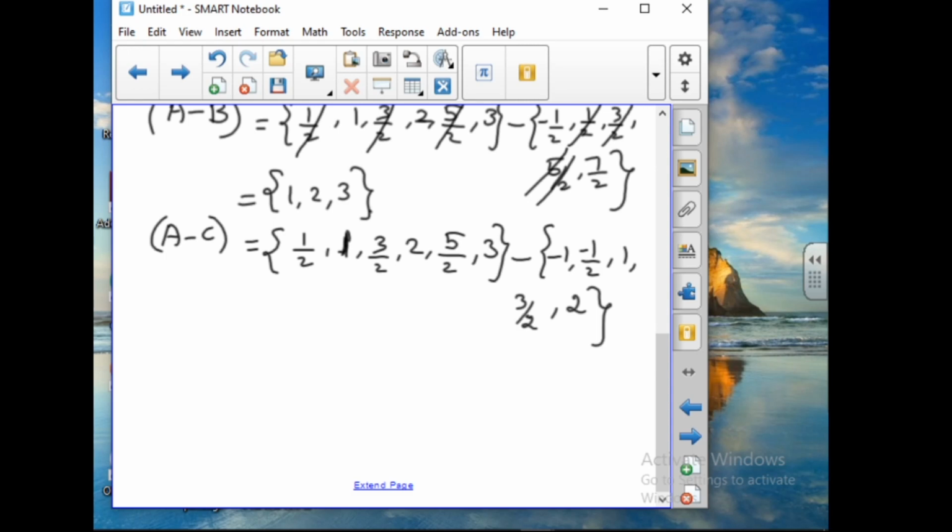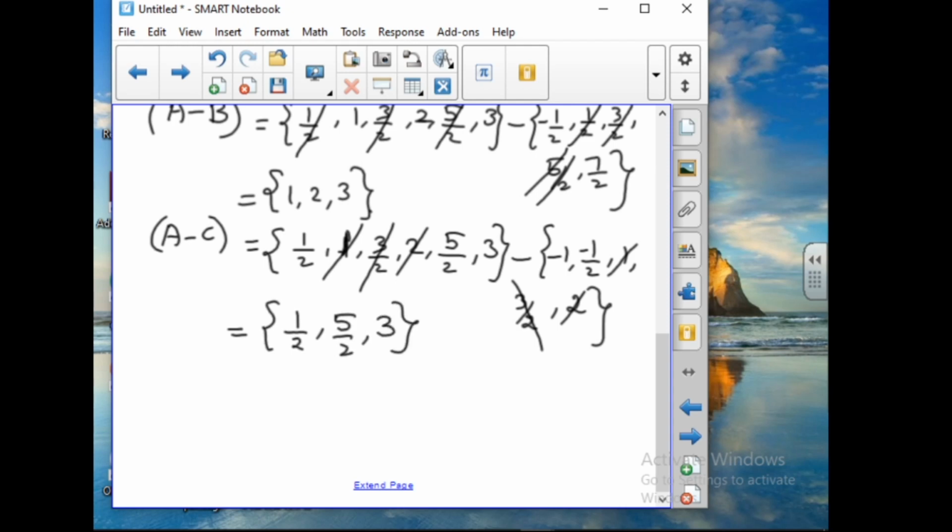So you have to eliminate the common elements. What are the common elements? 3 by 2, then 1 is a common element, so 1 is also eliminated. Then 2 is also a common element. So the remaining elements of A are 1 by 2, 5 by 2 and 3.